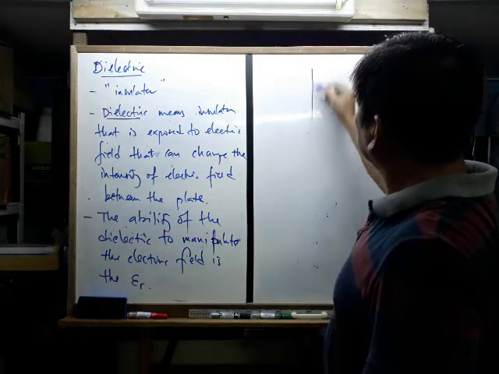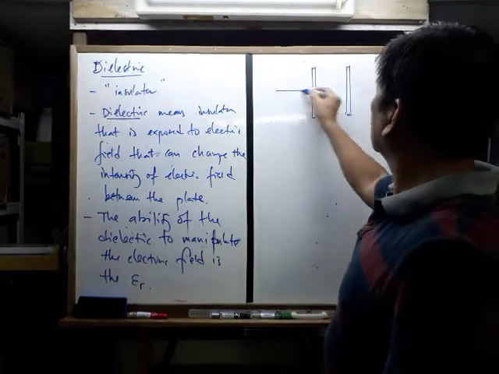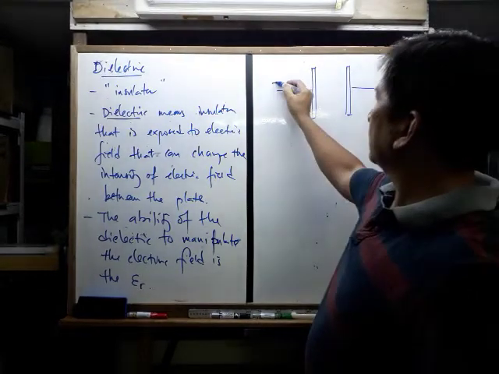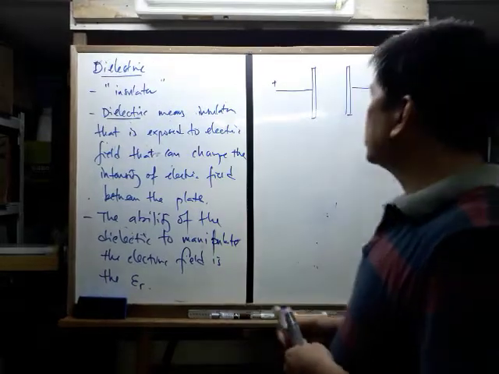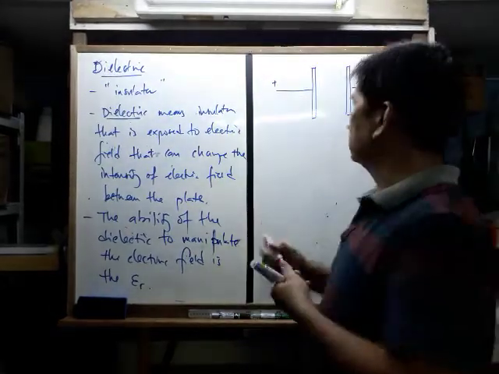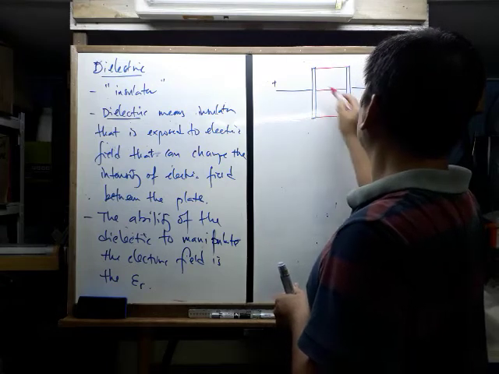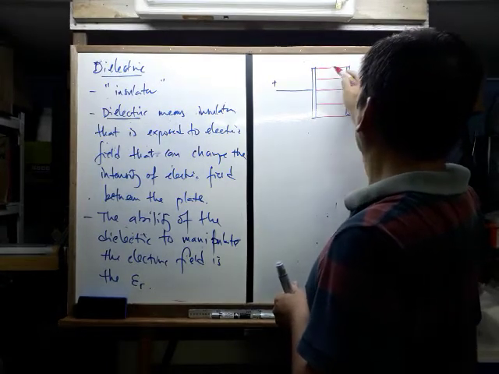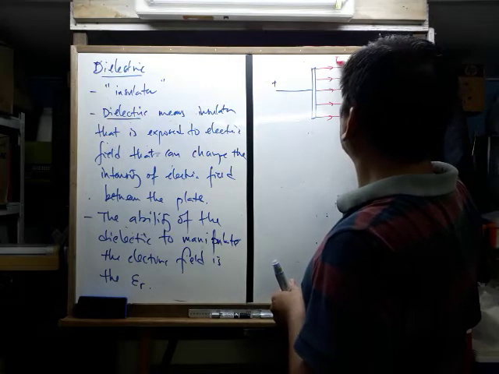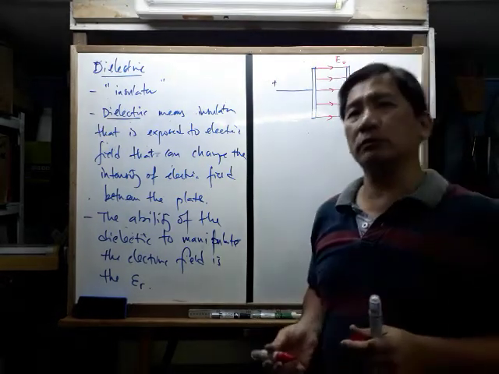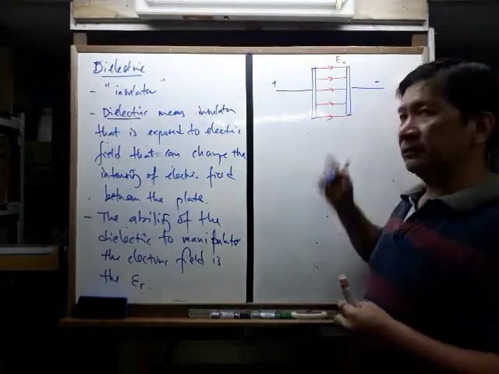Let's assume you have two parallel plates already connected to the positive and negative terminals, and we have this original electric field already created here. These are the electric field lines, red color, and I will call this E0, the original electric field. This one is without dielectric.